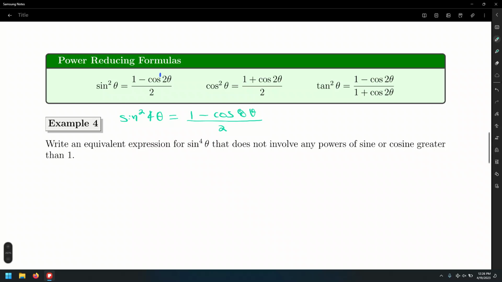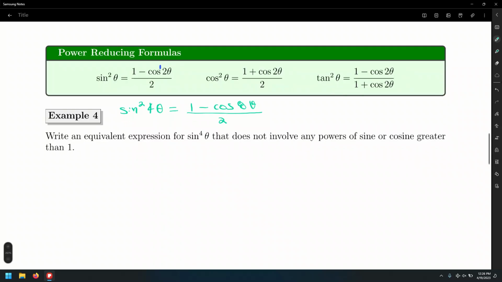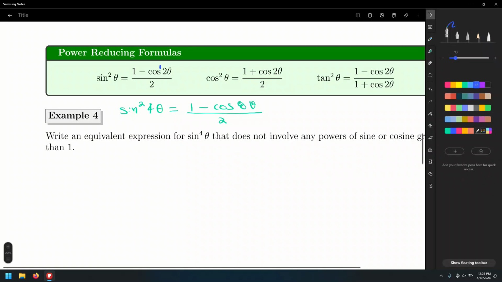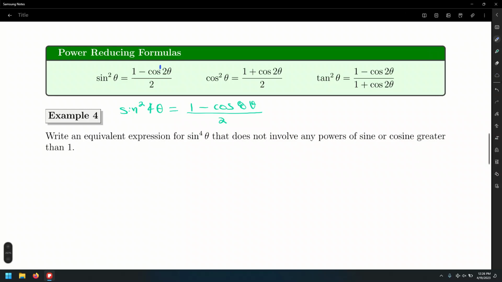And well, that's actually what we're going to apply here for example number 4. So for example number 4, let's see. They're asking us to write an equivalent expression for sine to the 4th power that does not involve any powers of sine or cosine greater than 1. Just powers of 1. But hold on. This is sine to the 4th power. We don't have formulas for sine to the 4th power.